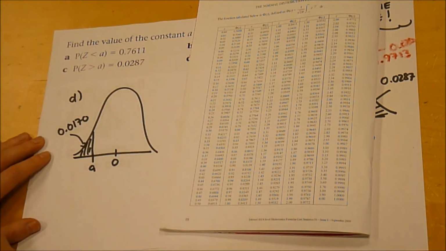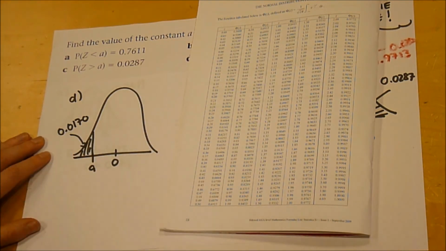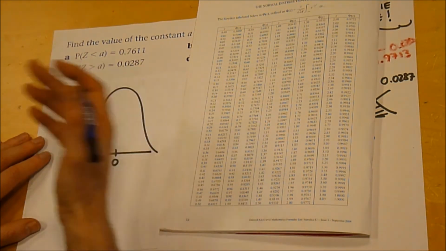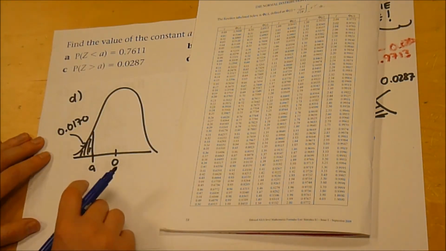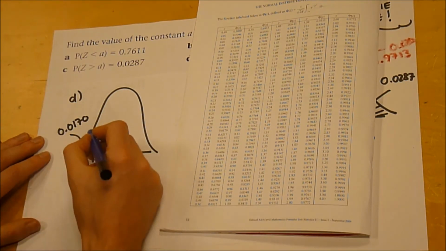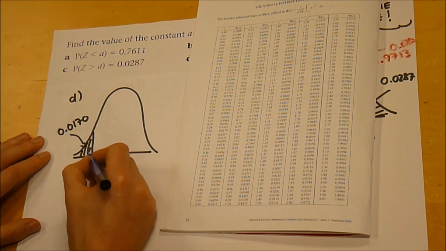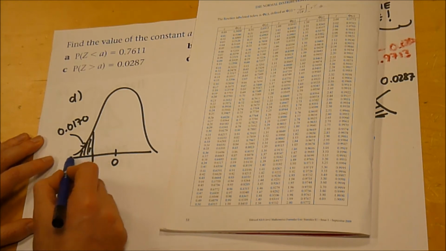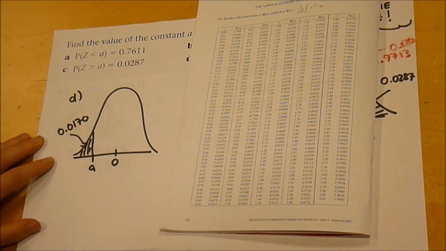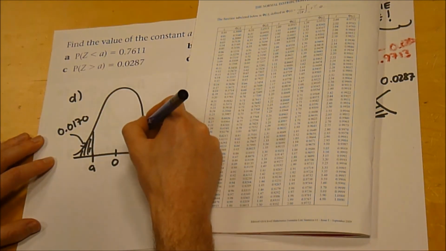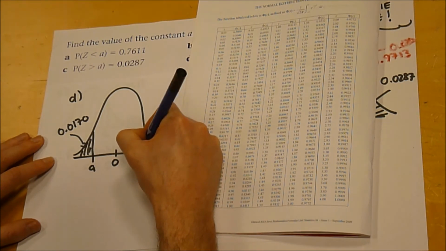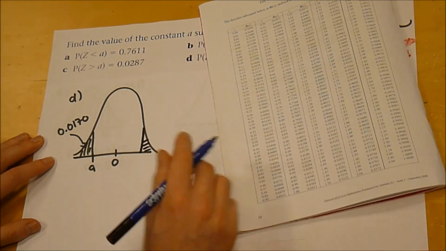But there's a reason why the probabilities stop at 0.5, or the values only start at 0. And that's because of the symmetry of the normal distribution. So if we know that the probability of Z being less than A is 0.0170, what we could look for using the symmetry is the value up here.